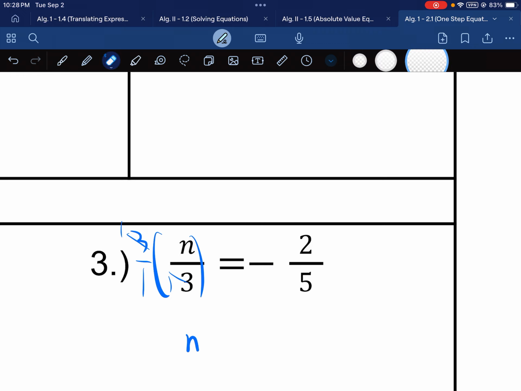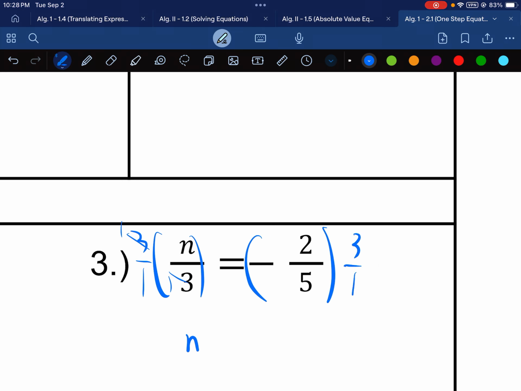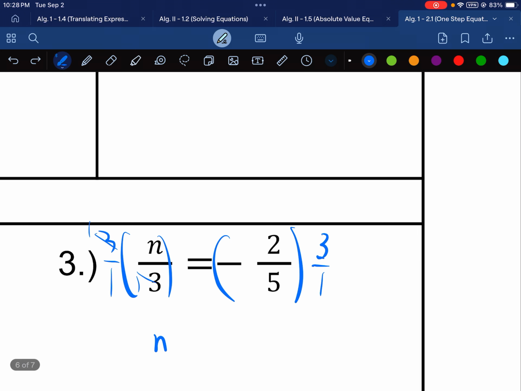Now on the other side of the equal sign, if I multiplied one side by 3, I have to multiply the other side by 3, or 3 over 1. I'm going to pick 3 over 1 here because there's another fraction here in this case. And now as I multiply these, I look to cross-reduce diagonally, and 3 and 5 don't reduce because the only number that divides into both is 1.